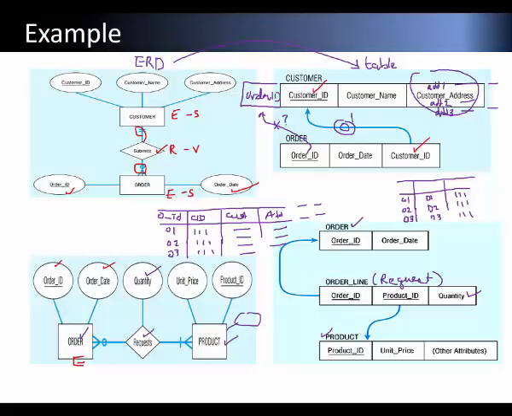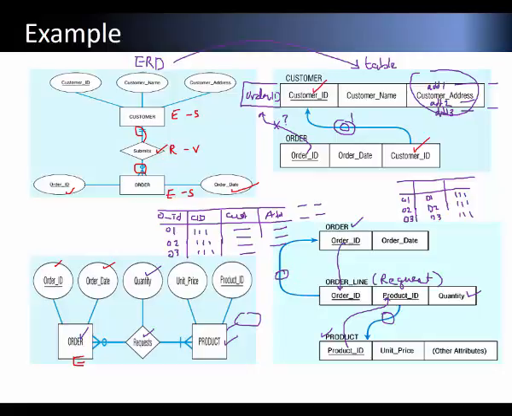The connection among the tables in a relational database is possible by sharing a column. By sharing a column. Which one can be shared? The key of each. Order ID here, another key here, product ID here. Right? That's what we say here.